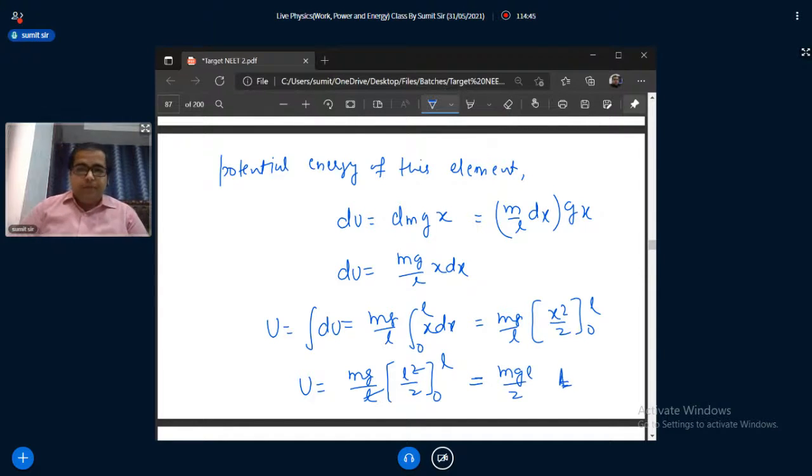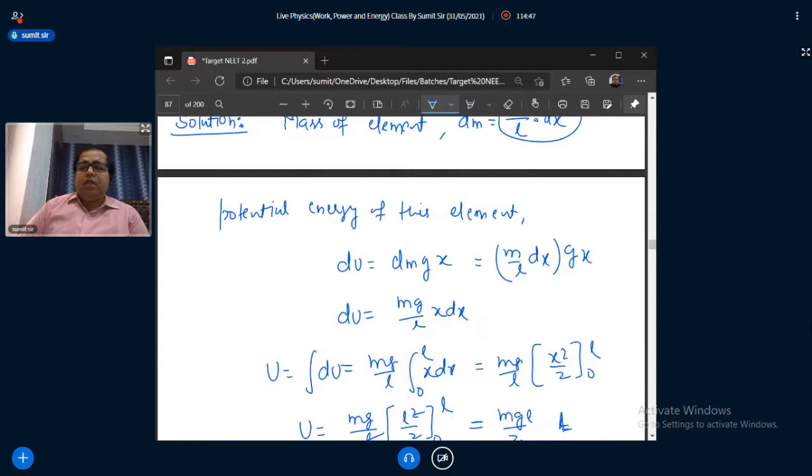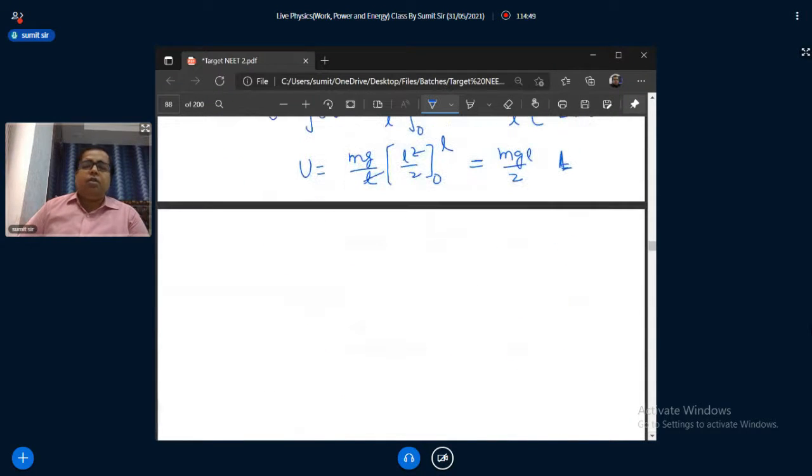So there is another method, the center of mass. You don't require this concept of integration. You know the center of mass of any object. The center of mass is the point at which the total mass of the system can be assumed to be concentrated.